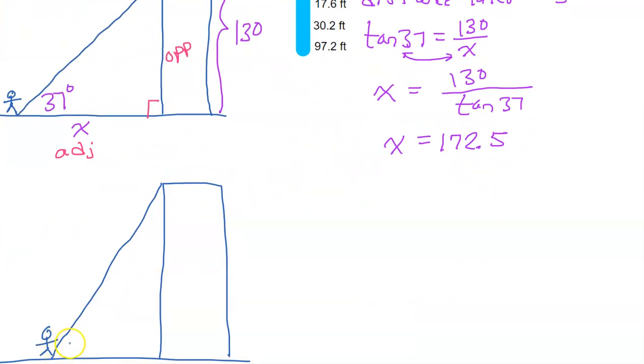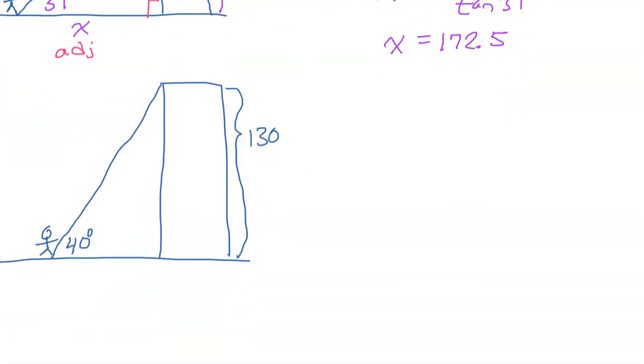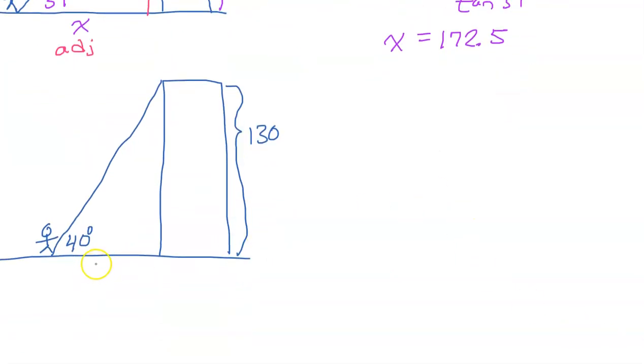So if this angle is now 40 degrees, all right, of course the building is still 130 feet tall. All right, that hasn't changed. So now we're going to find y. Okay, so y will be the new distance that she's walked.